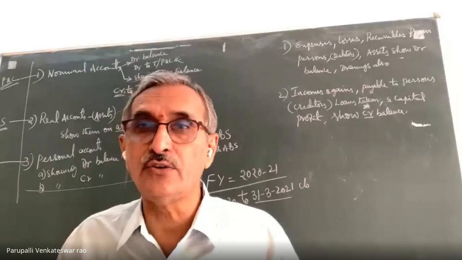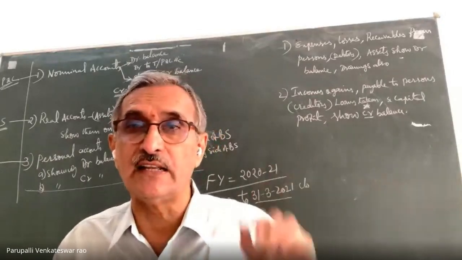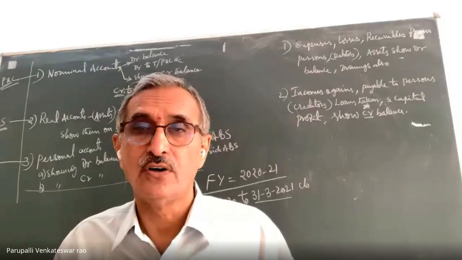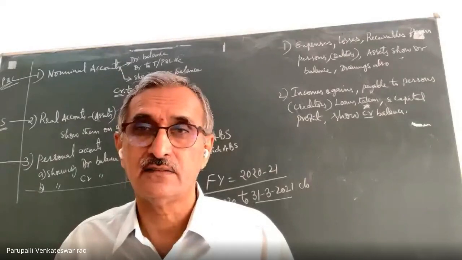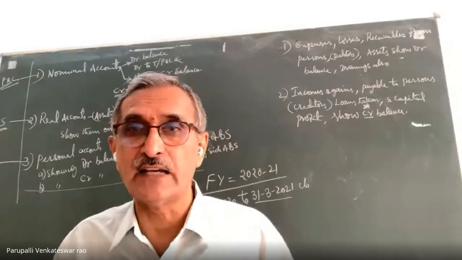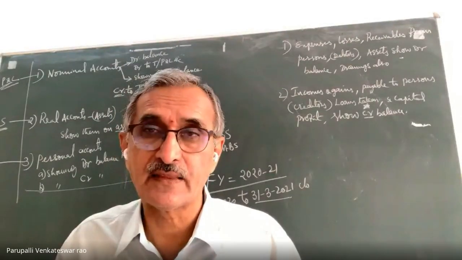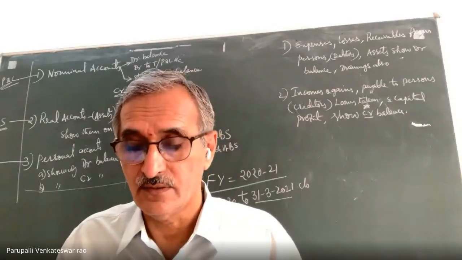So fuel used, sometimes we use diesel to produce current. That will be the expenditure debited to trading account.